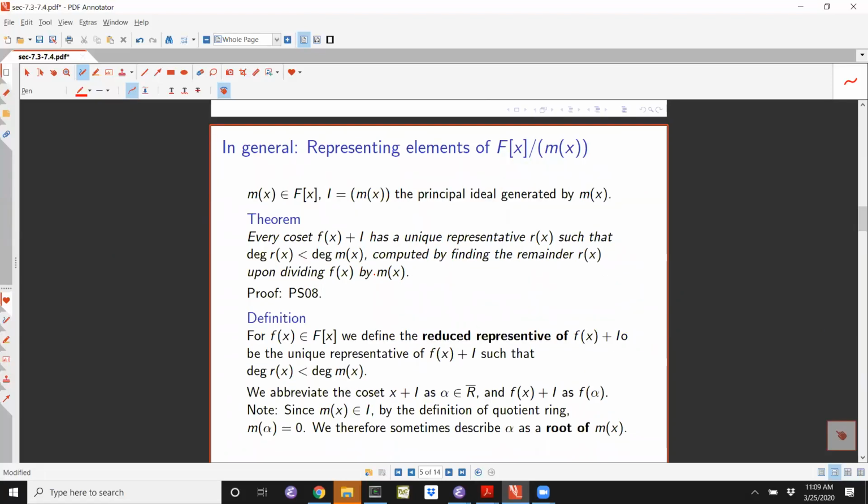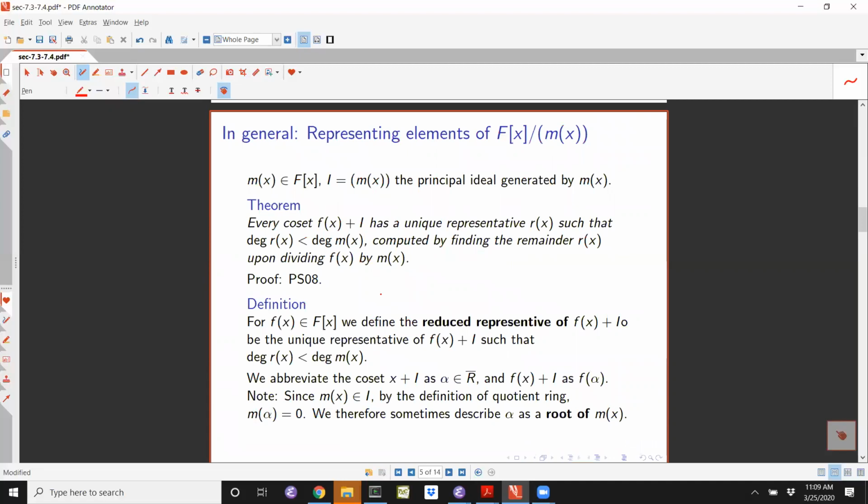So let me state what happens in general. Here's our standard notation. Let me emphasize this word again. Remember, m of x is the modulus of our quotient ring, f bracket x mod m of x.